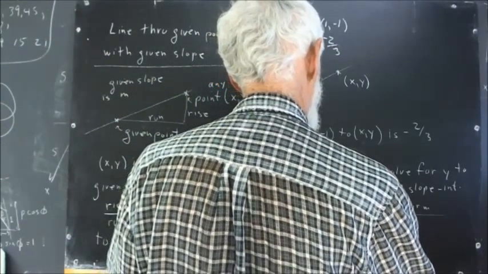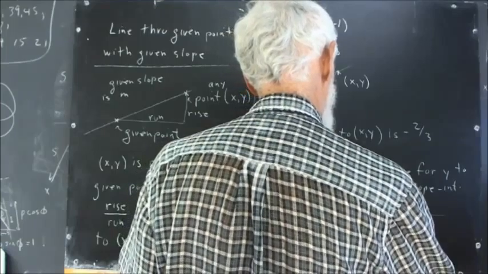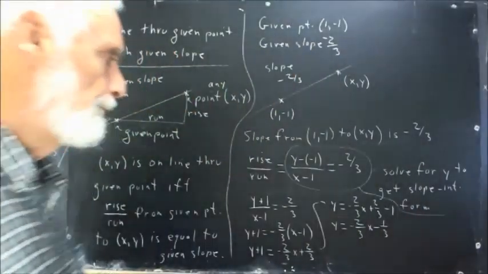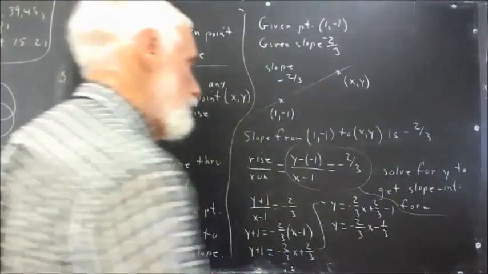So y is negative 2/3 x minus 1/3. Now that's the slope-intercept form of the equation.